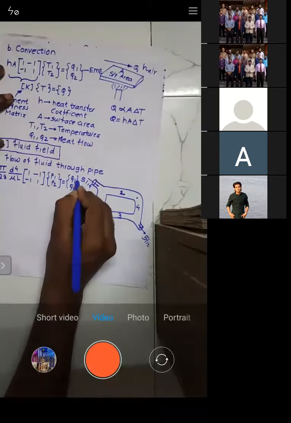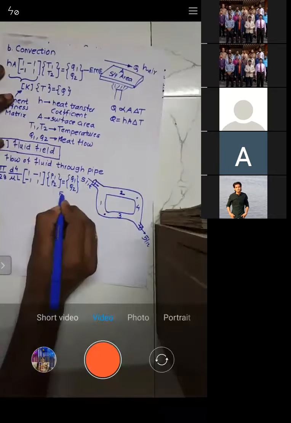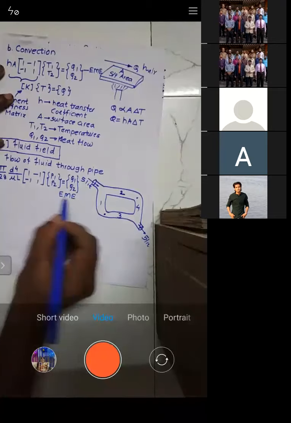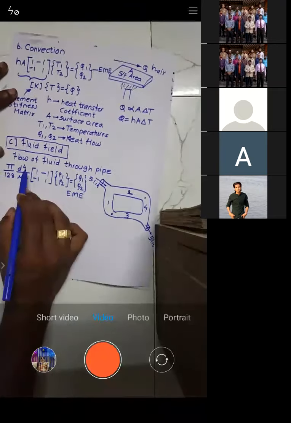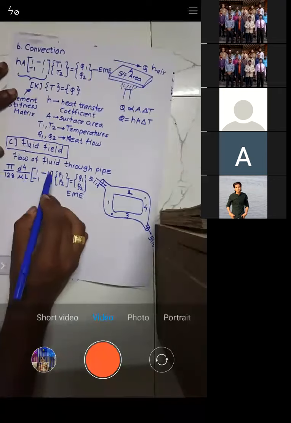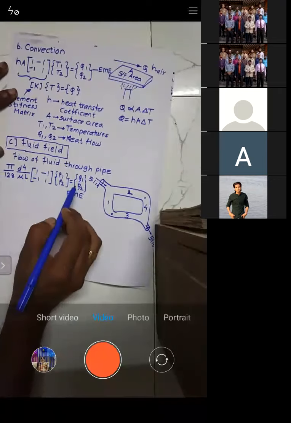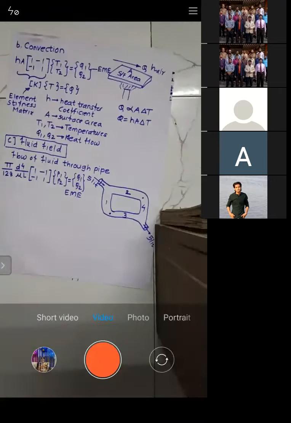This is nothing but called the EME, element matrix equation.